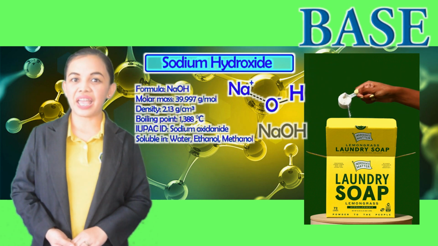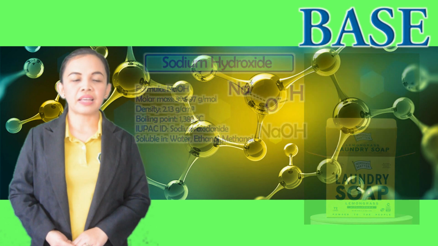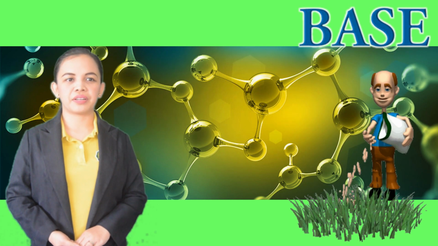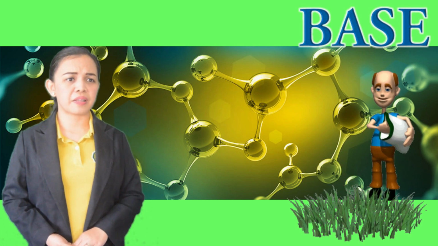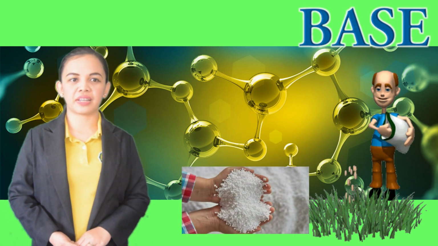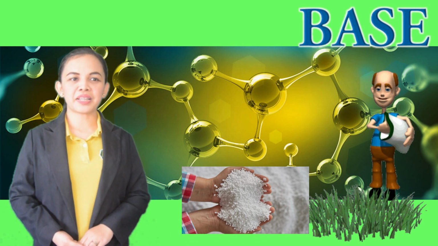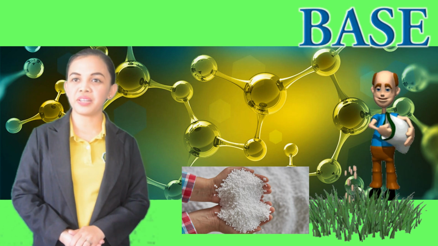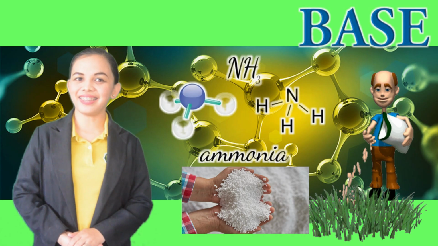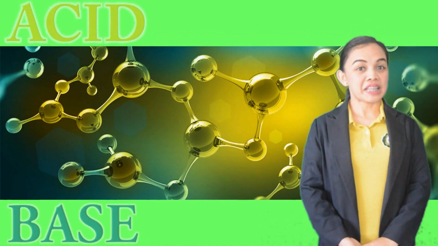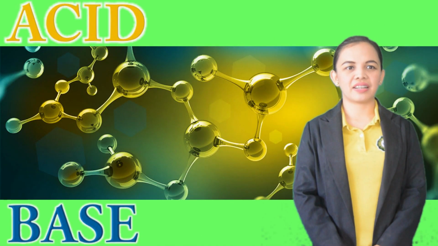It is NaOH. Next example is fertilizer. So what does it contain? It contains ammonia. Ammonia is also a base. But let us try to check the chemical formula of ammonia. It is NH3. This was acids and bases in general.